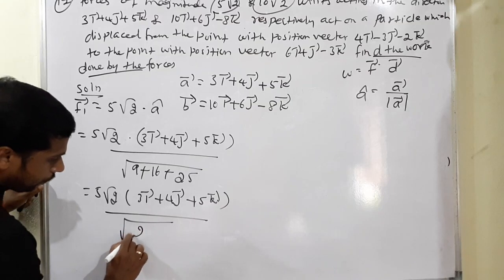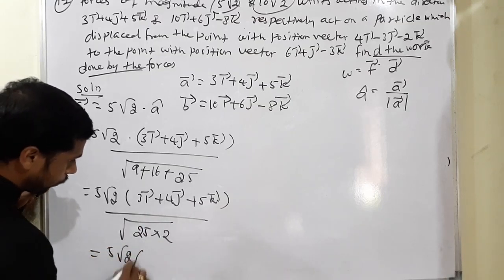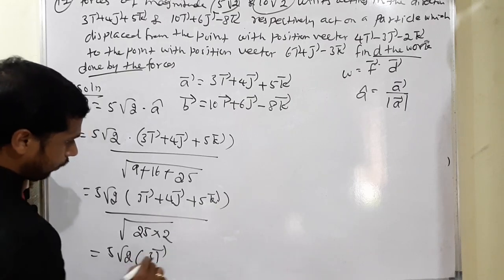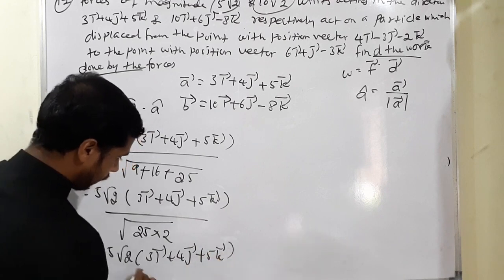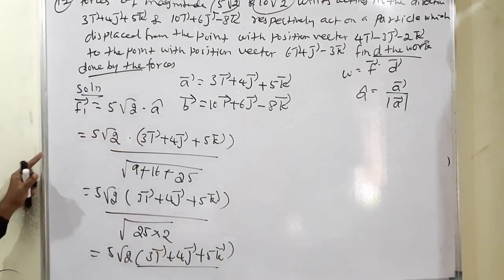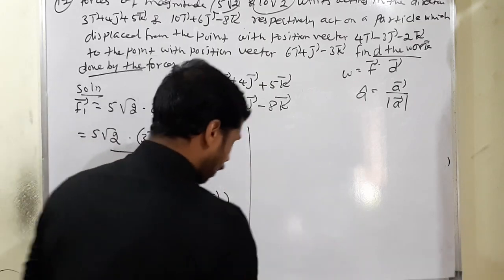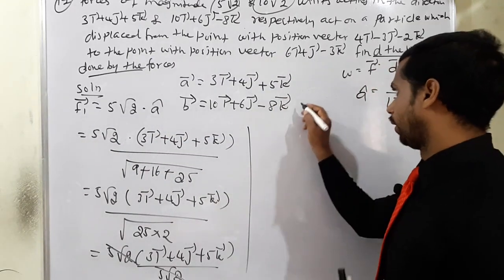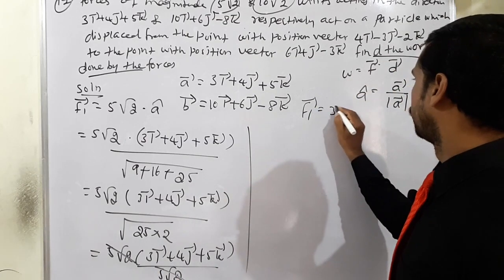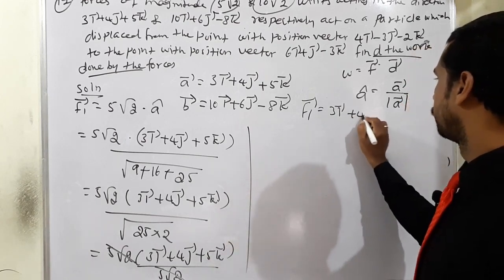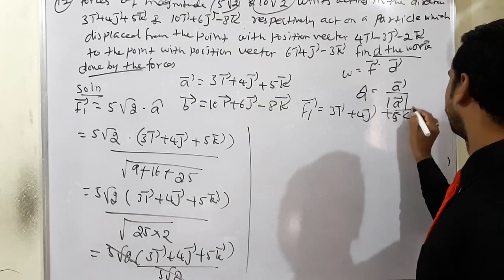We can split 50 as 25 into 2. Therefore 5 root 2 into the vector divided by 5 root 2, so 5 root 2 cancels, and force number 1, F1 vector, is equal to 3i vector plus 4j vector plus 5k vector.